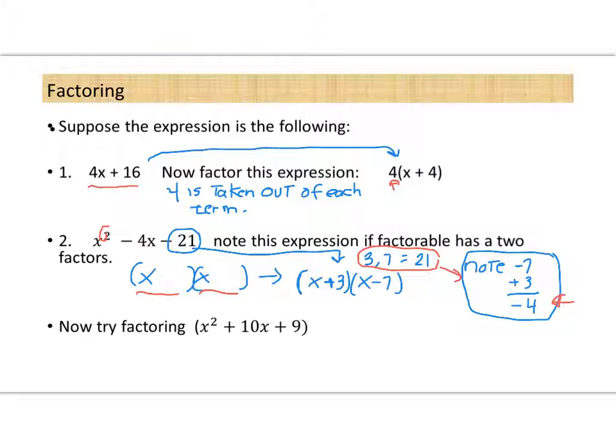So now I can exchange this to this factor, where I have parentheses x plus 3 times parentheses x minus 7, and that is factoring the 3-term quadratic that I have.